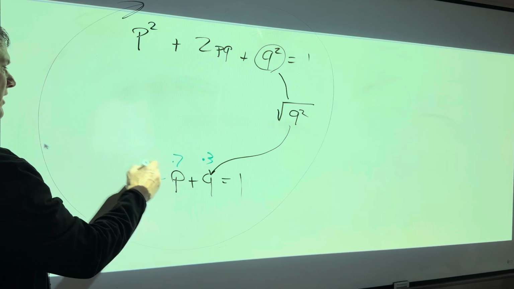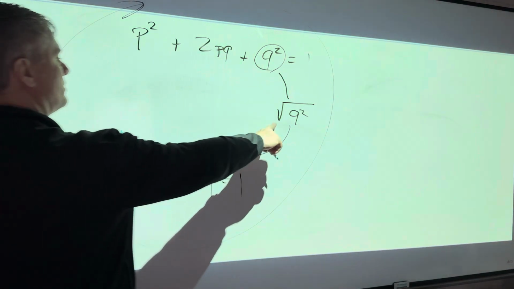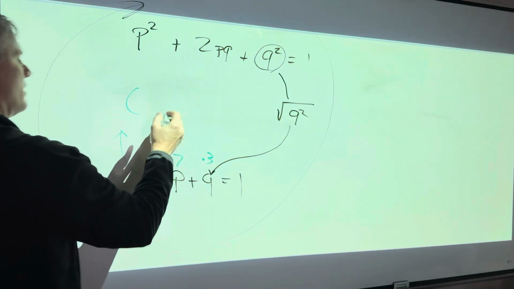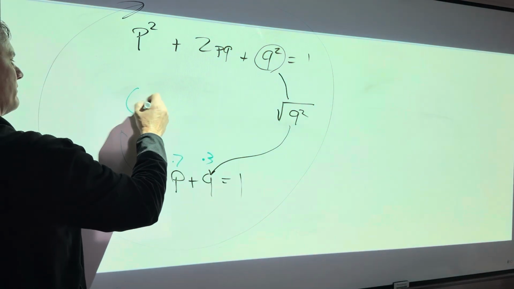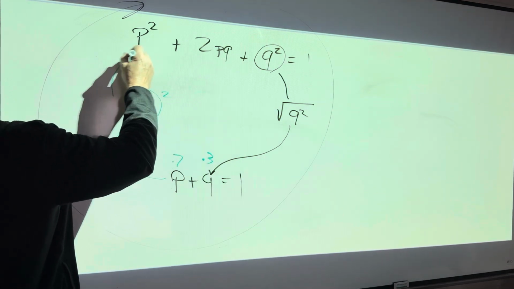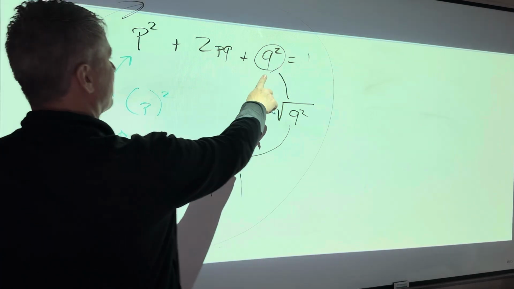Now remember, we're following it around clockwise. Instead of square rooting, you're going to take your P, whatever that number is, and square it. That gives you the P squared. And you already have the Q squared from the problem.